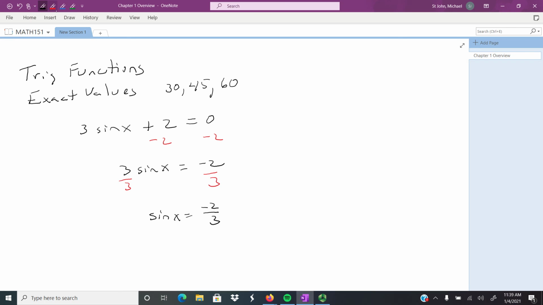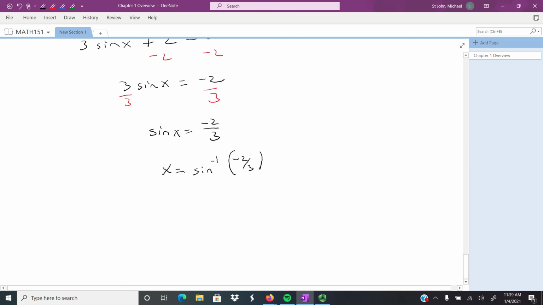But I want to know what the angle is, so x is going to be the inverse sine of negative 2/3, which we could plug into a calculator. If you do that, you end up with basically negative 41.8 degrees.